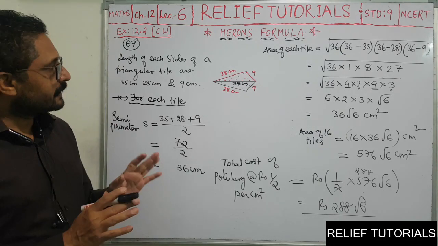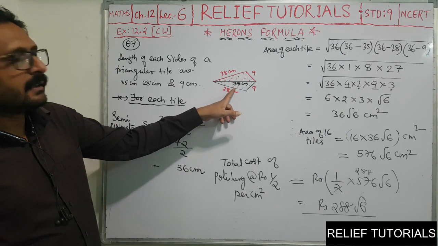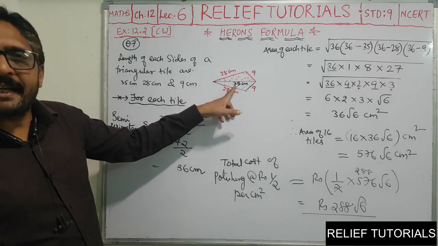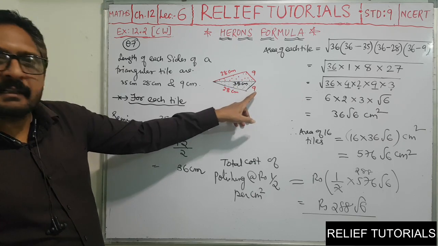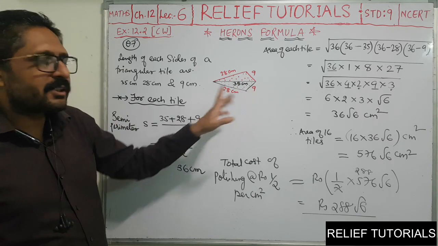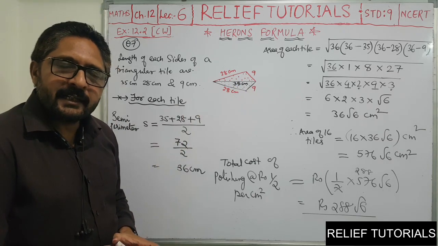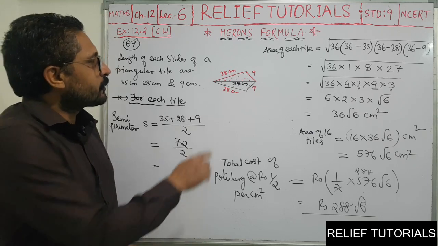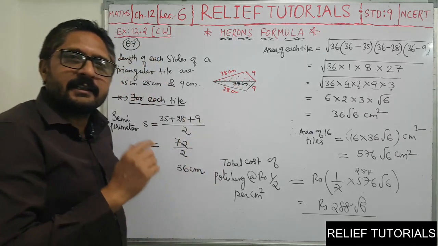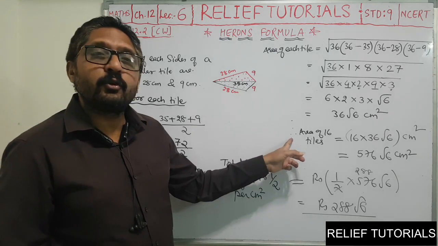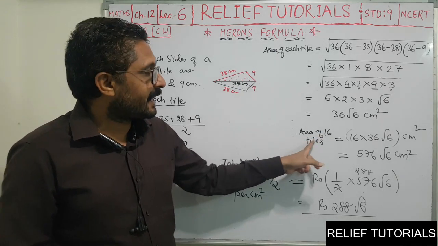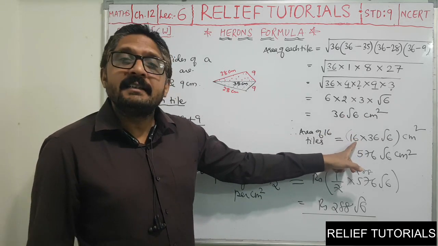Clear? So nothing else is here, just see, one petal is made up of 2 triangular tiles. The dimensions of this triangle are given, so you have all the 3 measures. So you can find the area by using Heron's formula, so you get the area of 1 triangular tile. You want 16 such triangular tiles, so you will find the total area of the floral tiles by multiplying this area with 16.